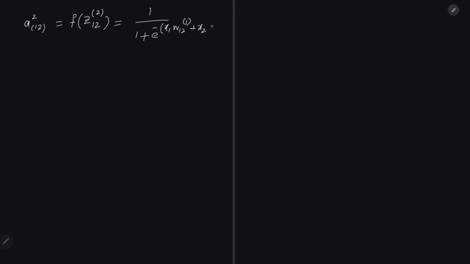Similarly, we get A212, the value obtained by applying the activation function to Z212, and we have 1 over 1 plus e raised to power minus x1 w121 plus x2 w1, layer number 1 to 2.